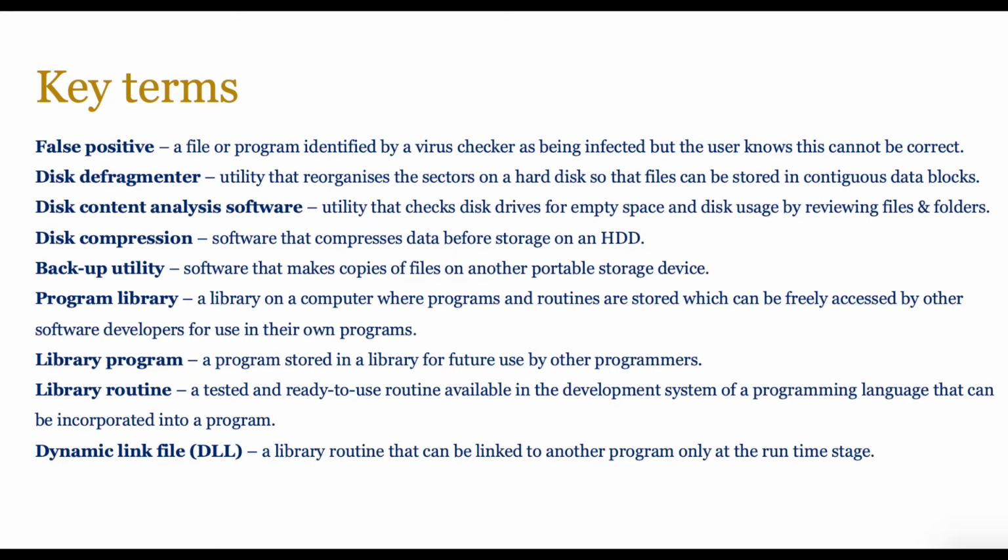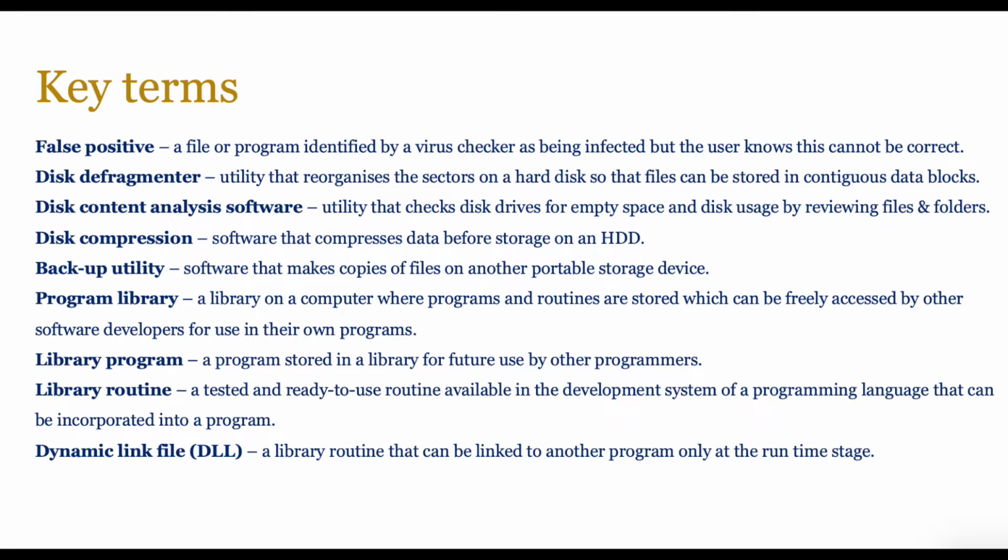The next set of terms that you see on screen again go into the nitty-gritty of the various different utility software. So false positives can arise as a result of heuristic checking, and disk defragmentation, content analysis software, compression, backup utilities. All of these are utility programs that are built in the operating system to do one particular task.